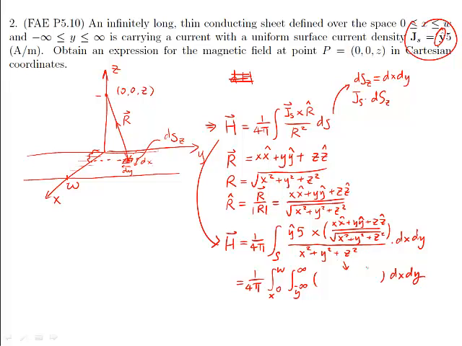So one way to simplify this problem is by looking at it and taking advantage of the symmetry in this problem. So obviously this problem is symmetric across the xz plane. Okay? By doing a similar trick as we did in the class, we can pick a symmetric point across the xz plane.